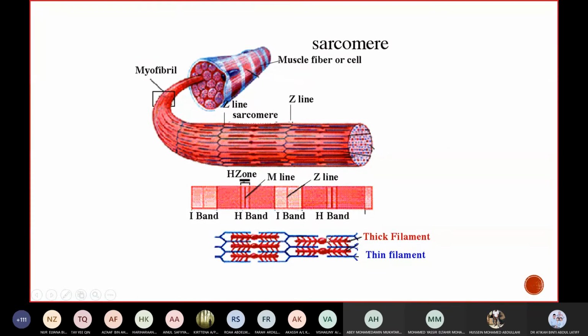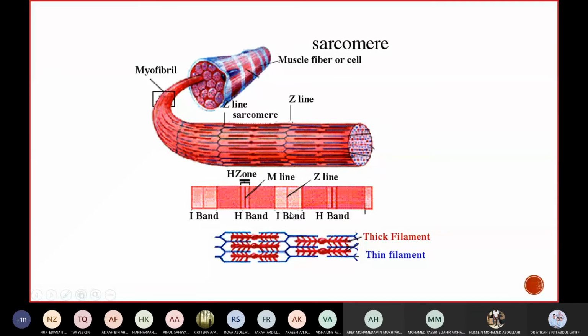The thin is actin. And where the thick and thin filaments overlap here, it is dark colored, and this is the H band or A band. And where they do not overlap here, it coincides with the I band, which is a lighter shade. So the light part here would be your I band.